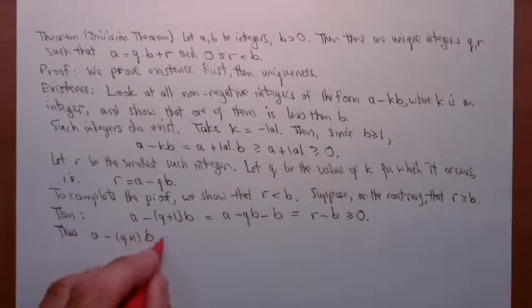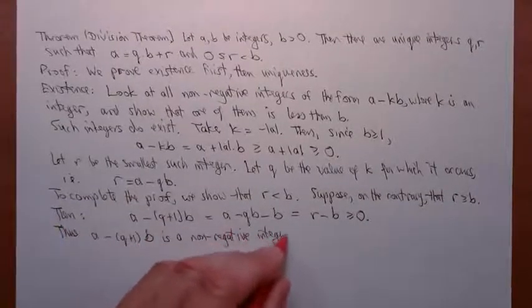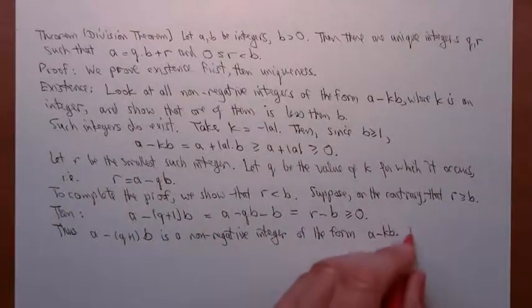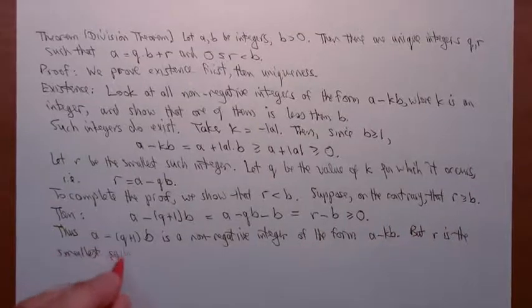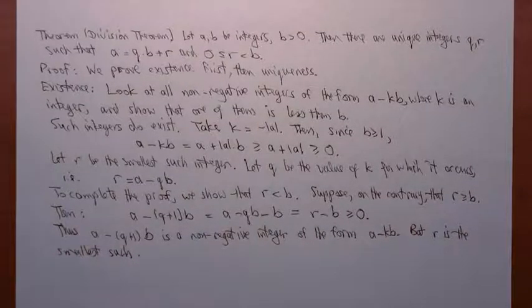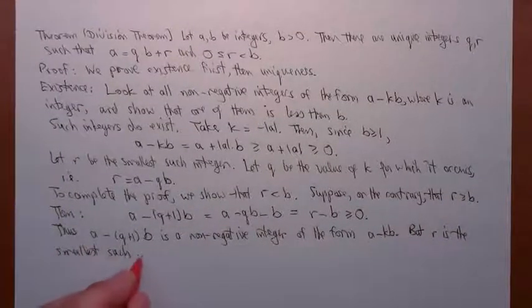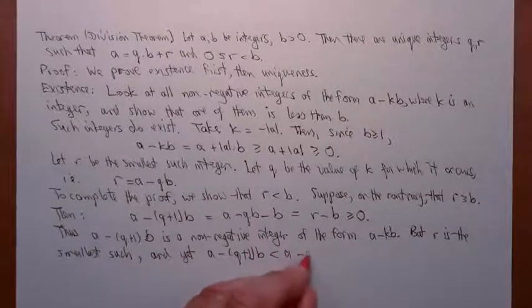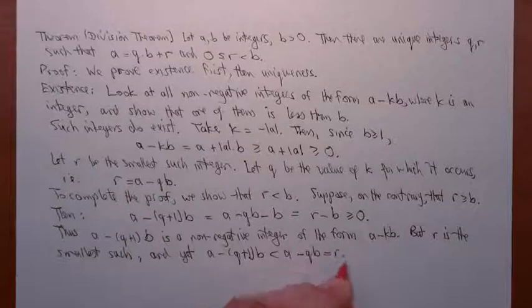Thus, a minus (q plus 1)b is a non-negative integer of the form a minus kb. But r is the smallest such. And yet a minus (q plus 1)b is less than a minus qb, which is r.